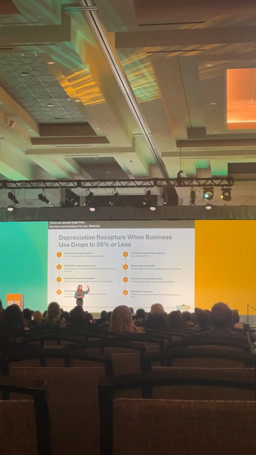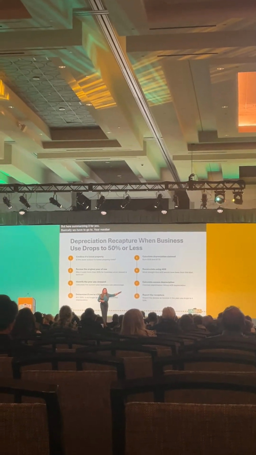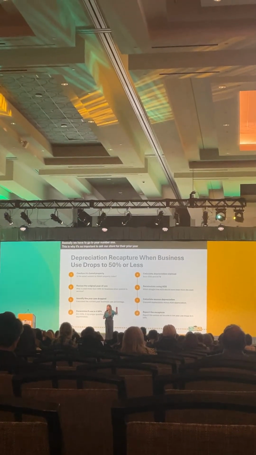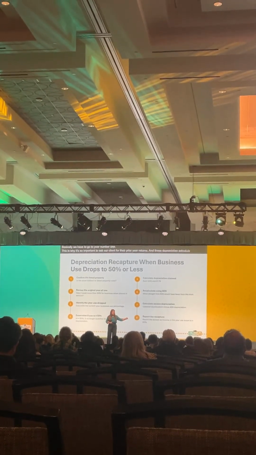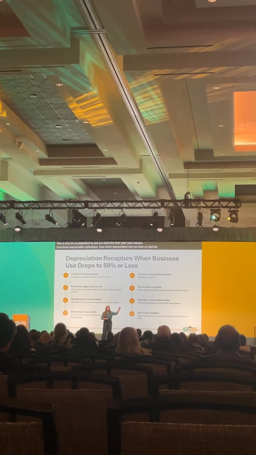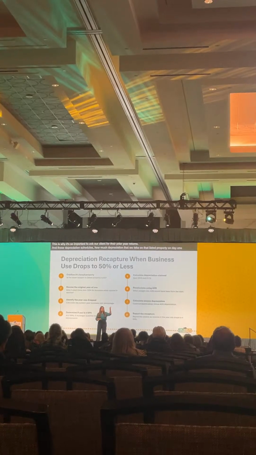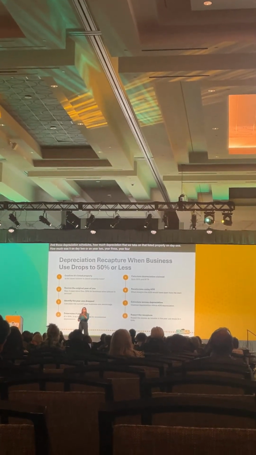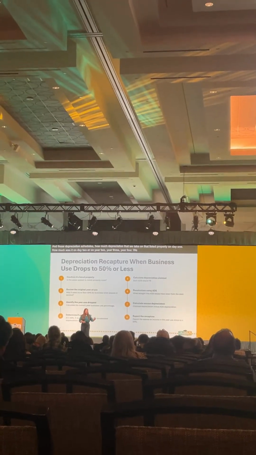Basically, we have to go to year number 1. This is why it's so important to ask our client for their prior year returns and those depreciation schedules. How much depreciation did we take on that listed property on day 1? How much was it on year 2, year 3, year 4? We need to calculate it all over again.